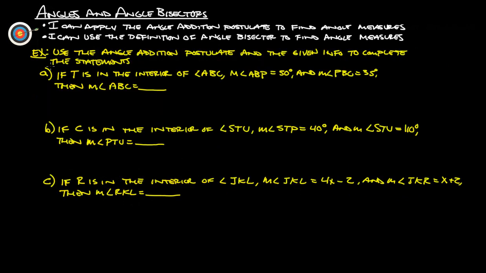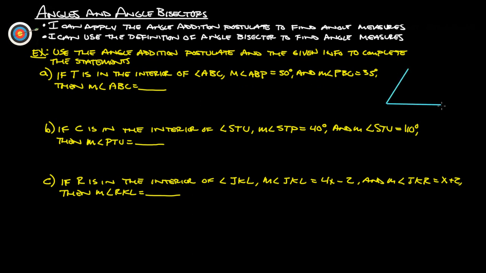First example, use the angle addition postulate and the given information to complete the statements. Here's what I would do on these: I'm going to draw a picture. T is in the interior of angle ABC, so let's draw angle ABC first.